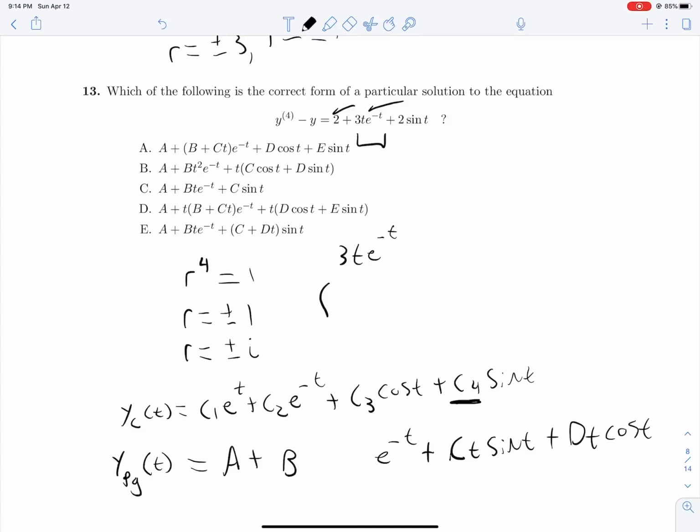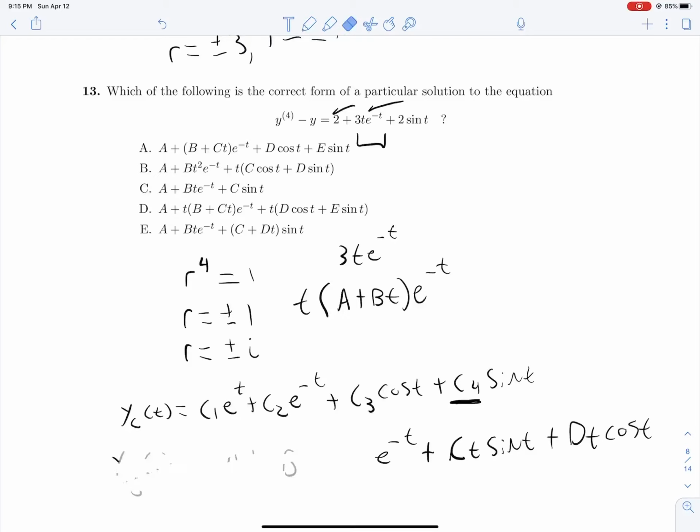Our guess for this term would be a plus bt e to the negative t. We have to expand that polynomial out like that. And as a result, that actually shows us why our current guess is flawed, because if this was our guess for this term right here, we would have some constant times e to the negative t, which we know is already present in our yc. So all of this has to be multiplied by t.